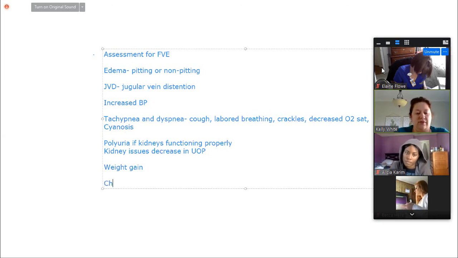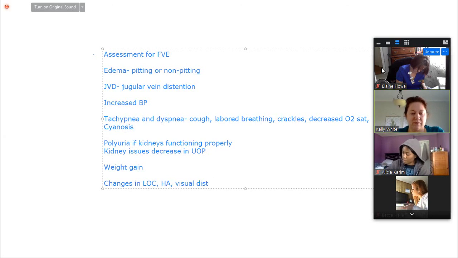And then we're going to look for changes in level of consciousness, as well as headache or visual disturbances. Because this might tell us what?